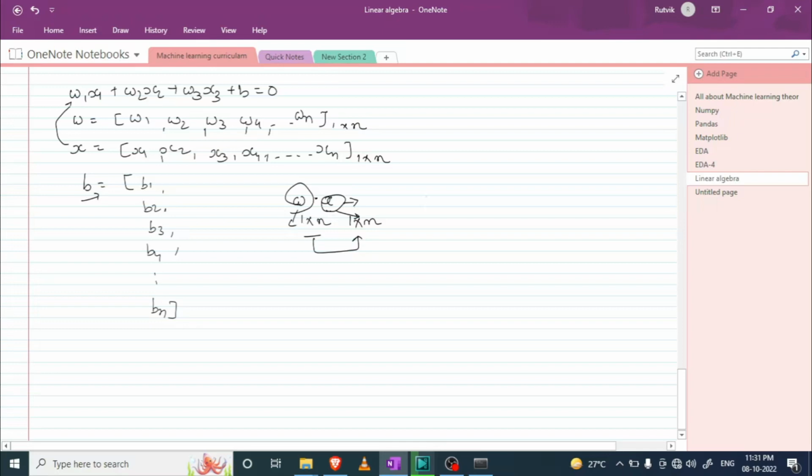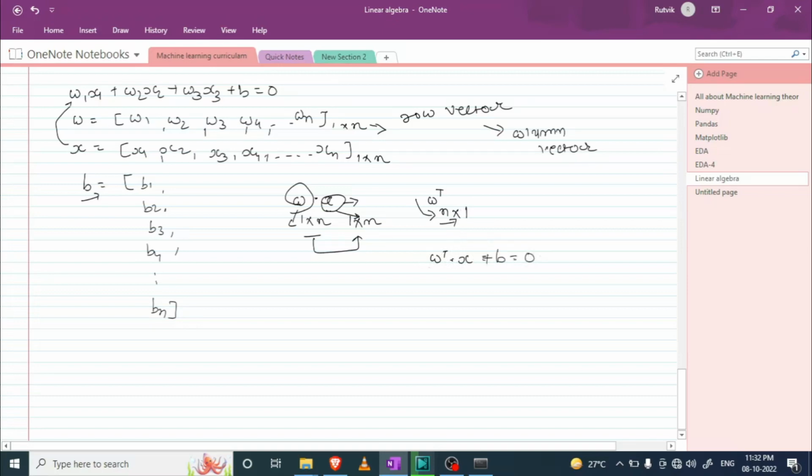When we use a transpose, whatever was a column becomes a row, and whatever was a row becomes a column. So when we perform a transpose on a row vector, that row vector becomes a column vector. If we perform a transpose on w, we get an n cross 1 orientation, and now we can perform multiplication on the data.